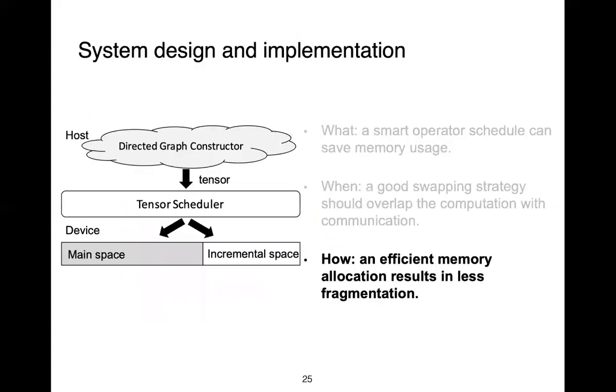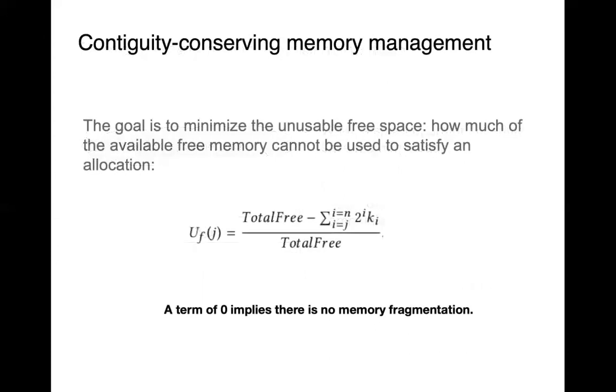Last but not least, how should we allocate a tensor? We believe an efficient memory allocation results in less fragmentation. We propose a contiguity-conserving memory management solution. The goal is to minimize the unusable free space. We define the unusable free space as how much of the available free memory cannot be used to satisfy an allocation.